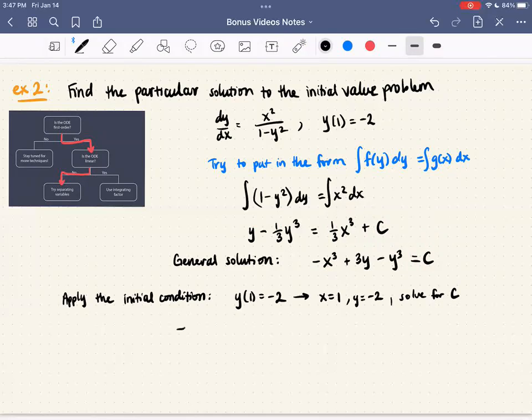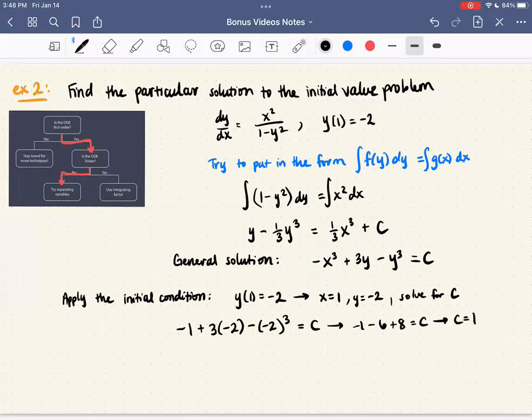So really, I've got -1 cubed, that's this term here, plus 3 times -2, that's coming from this term, minus -2 cubed, and that's equal to c. So I have -1 minus 6 minus -8, so plus 8 equals c.